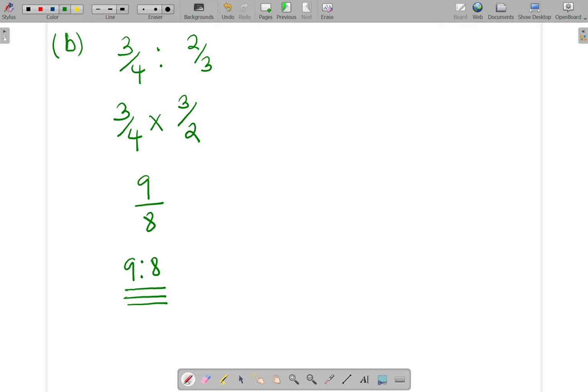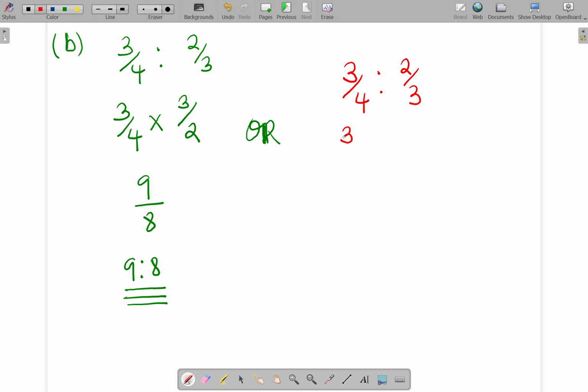Method 2 is common denominator. By common denominator, we are simply saying 3 over 4 to 2 over 3, what is the common denominator of 4 and 3? It's 12.